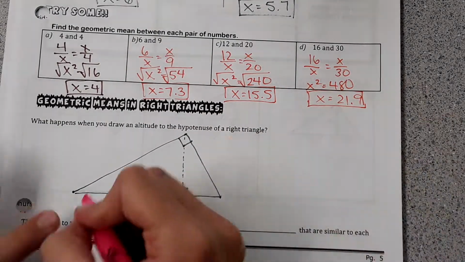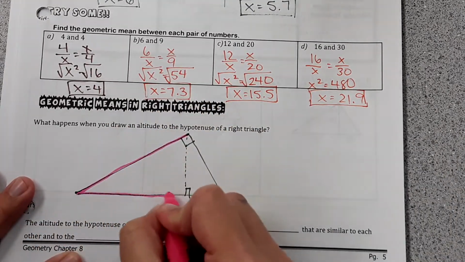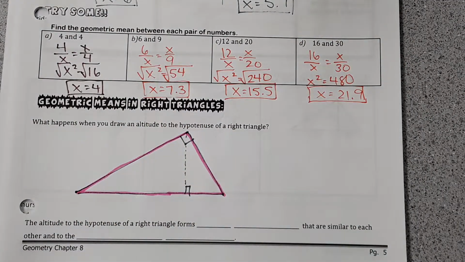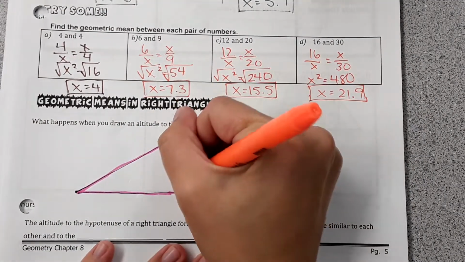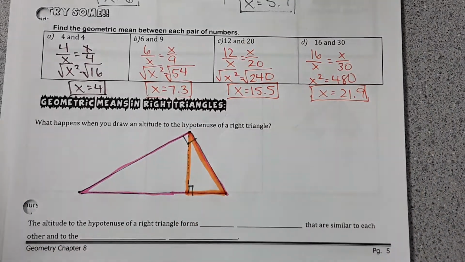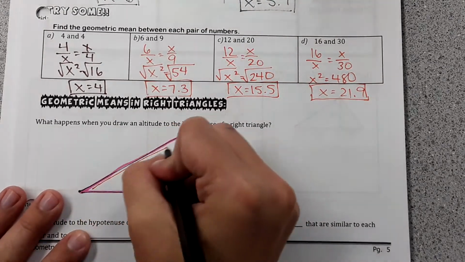So we have the larger triangle right here. It's a right triangle. Then we also have a triangle right here, which is a right triangle, which is similar to the larger one. And then there's also one right here.